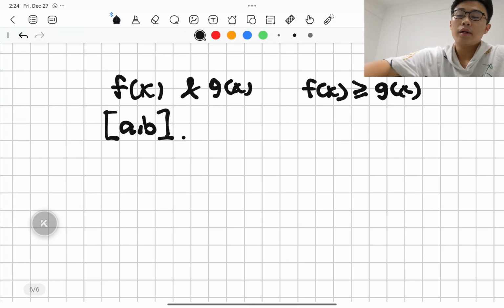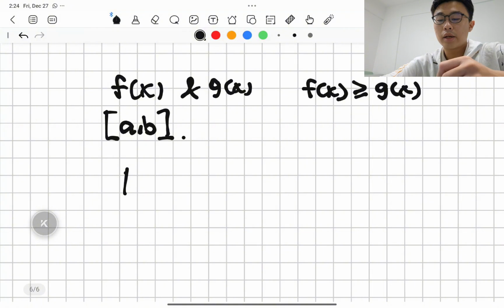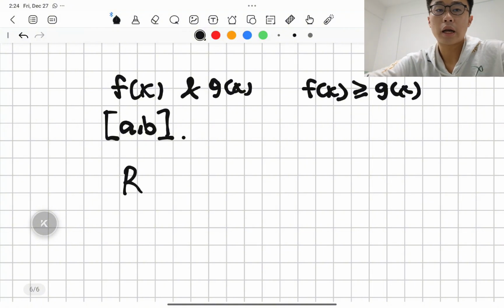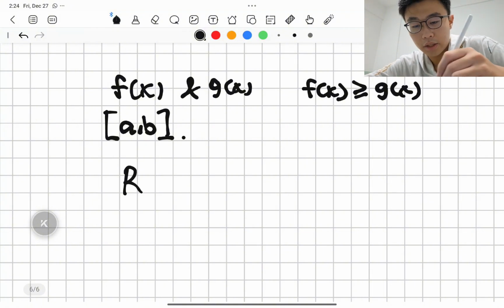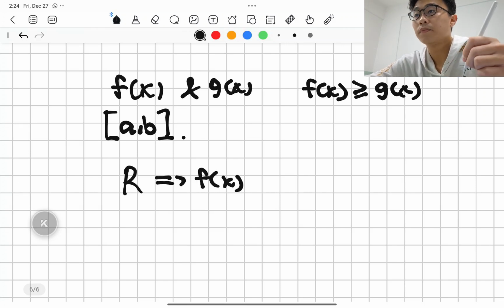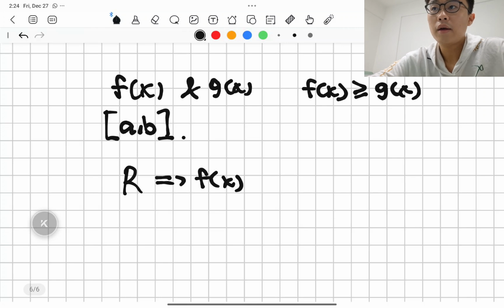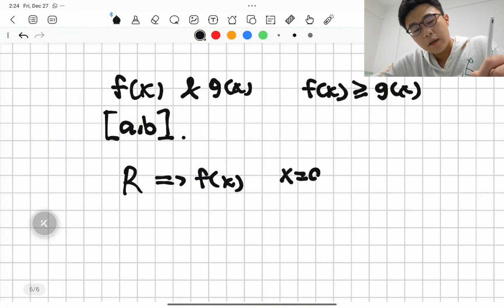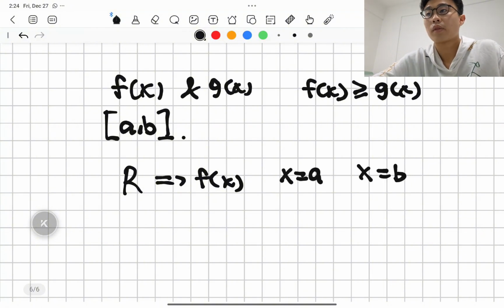Now let R be the region bounded by the graph of f(x) and below by the graph of g(x), so R is the region bounded by these two graphs and the lines x equals a and x equals b.